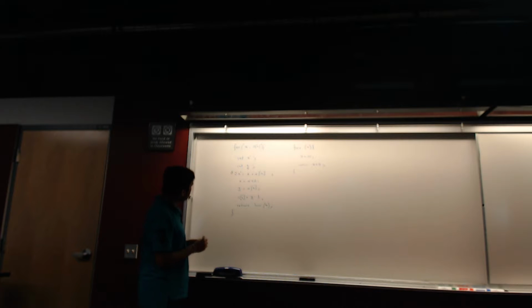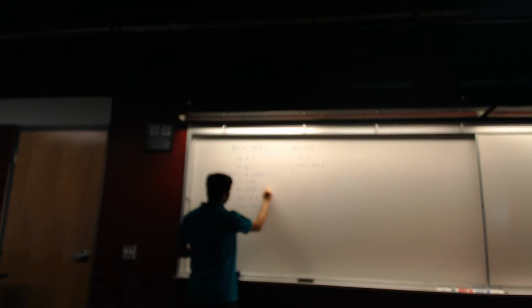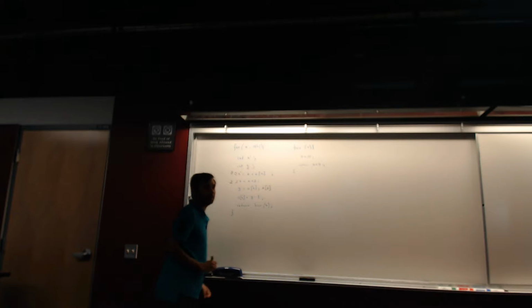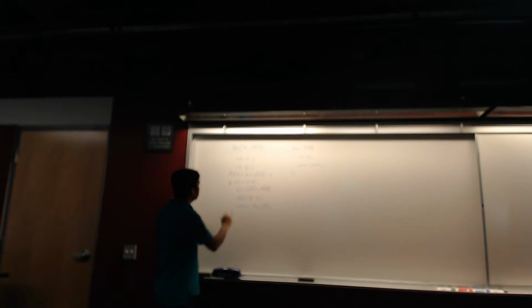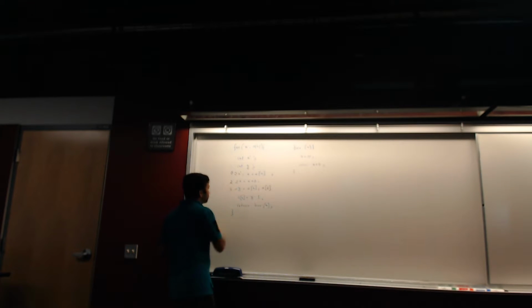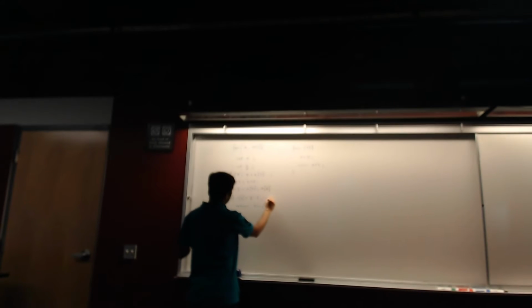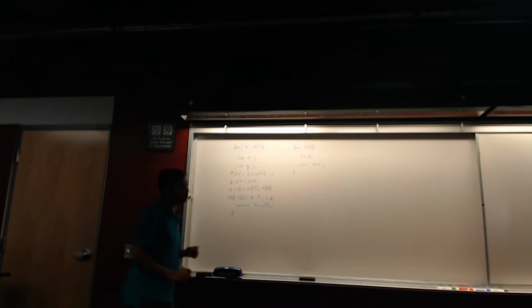Then we did x equals x plus 2. So x became 2, right? Now y is a[x], so this is a[2], right? So y is 3. Y became 3. Then we say that a[x] equals y minus 1. So a[2] equals 3 minus 1, which means 2. So a[2] became 2.